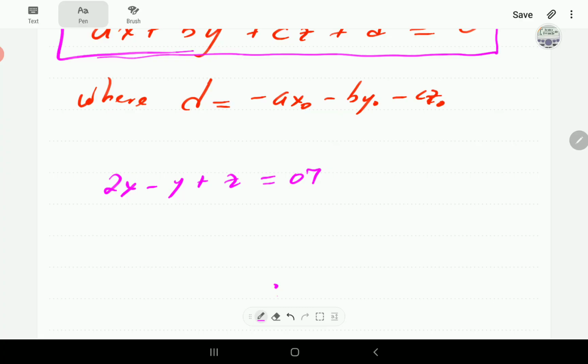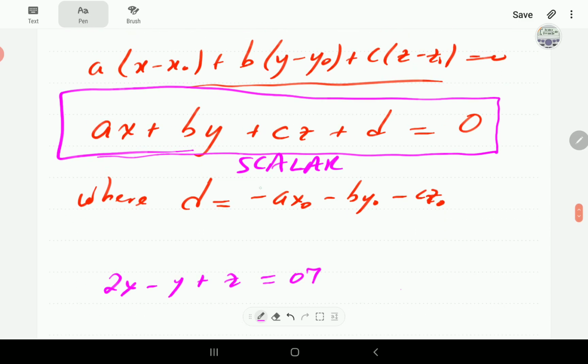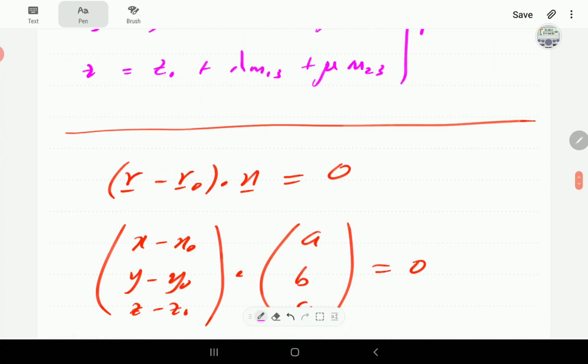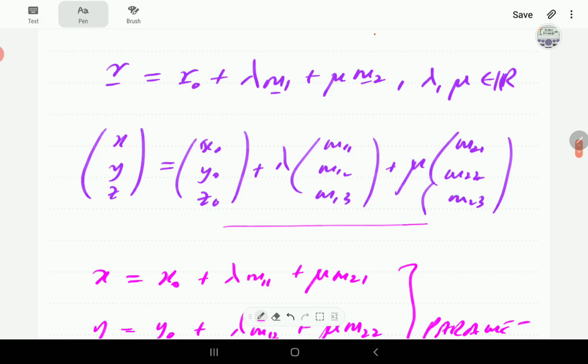This is an example of a scalar equation of a plane. So this is the scalar form of the equation. So there are three forms: the scalar form, the parametric form, and the vector form of the equation.